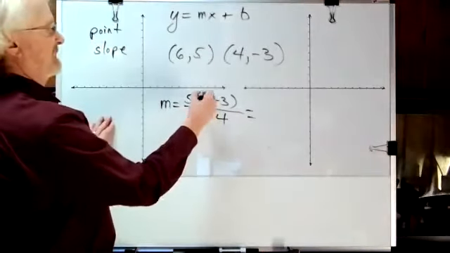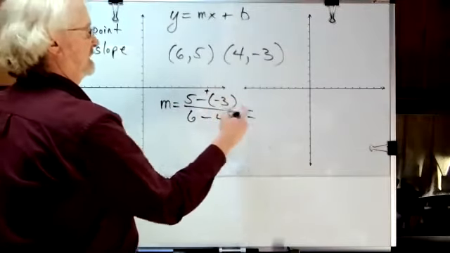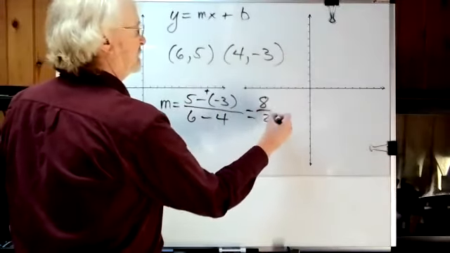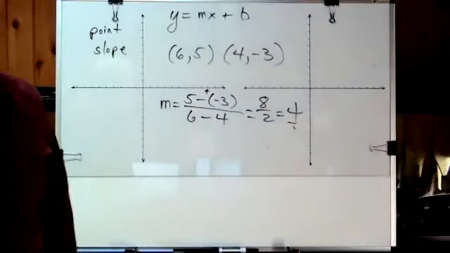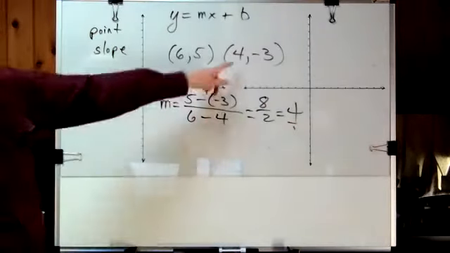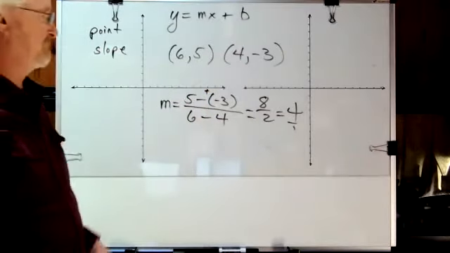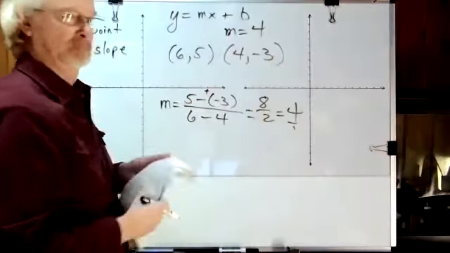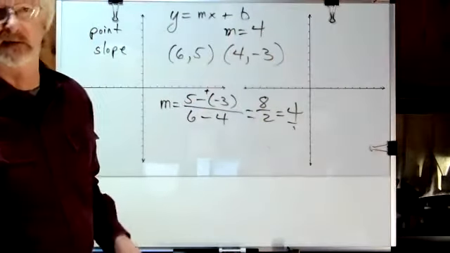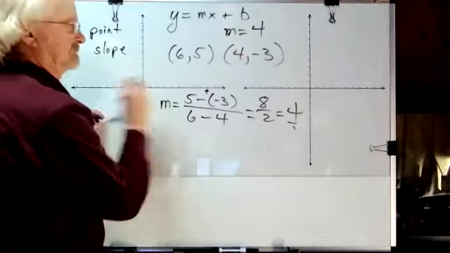A minus, a minus is really plus. 5 plus 3, 8/2. I got a slope of 4, which I'll probably use as 4/1 in a minute. So I had to calculate the slope myself first, right?